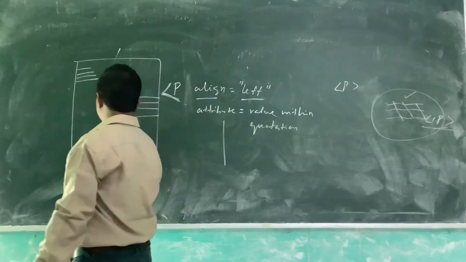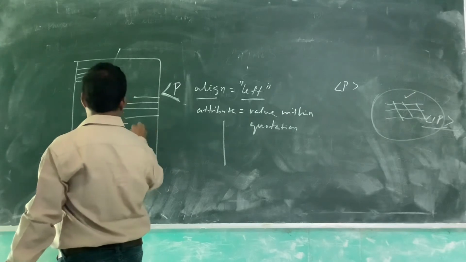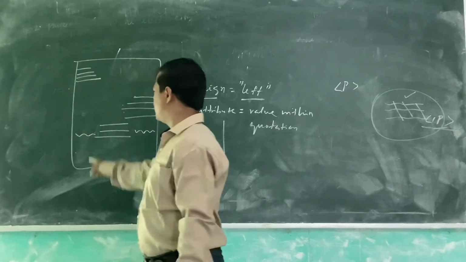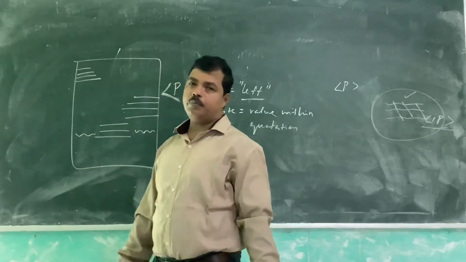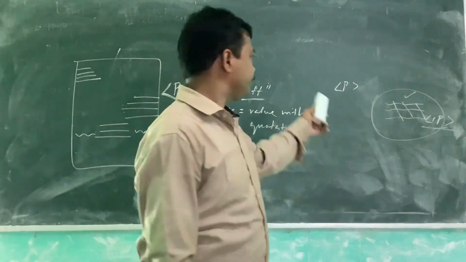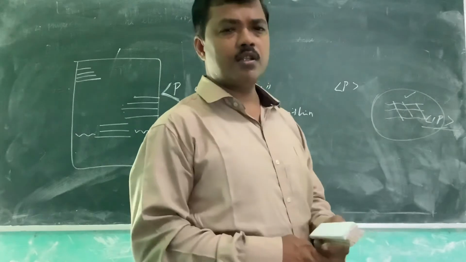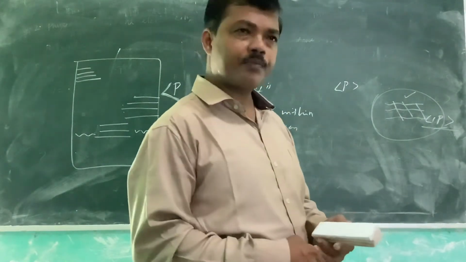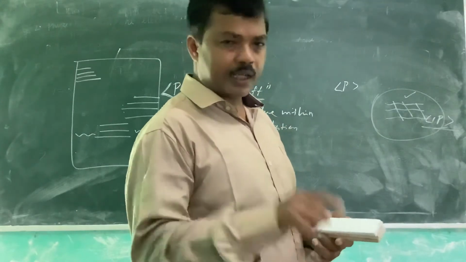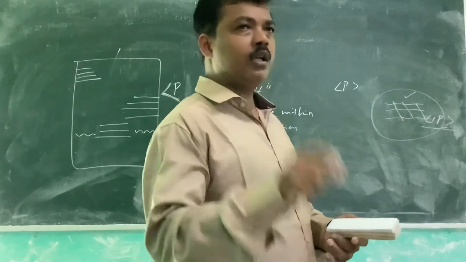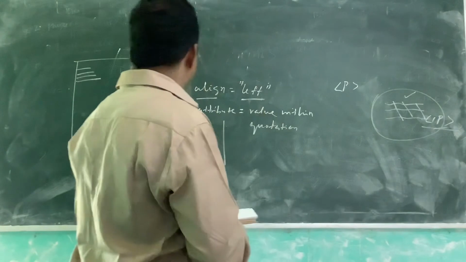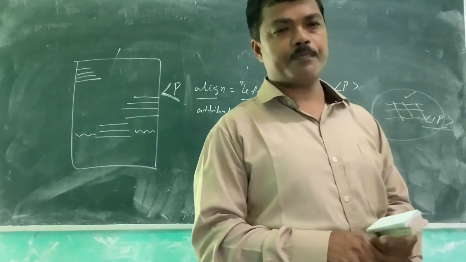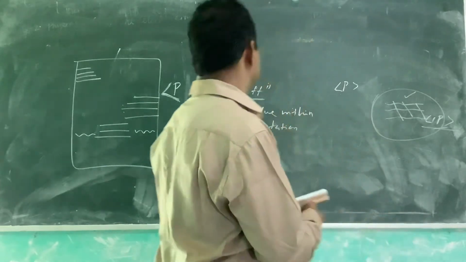In center, the margins are the same in left and right of the paragraph. So just change the value of your align attribute, then accordingly you will see the paragraph contents in different parts of the horizontal margins of your document. Okay.